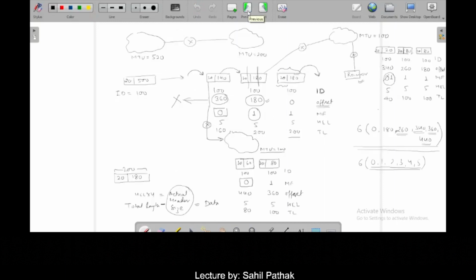Now that means this offset value should be divided by 8, this one should also be divided by 8, similarly here also it should be divided by 8, and here also it should be divided by 8.